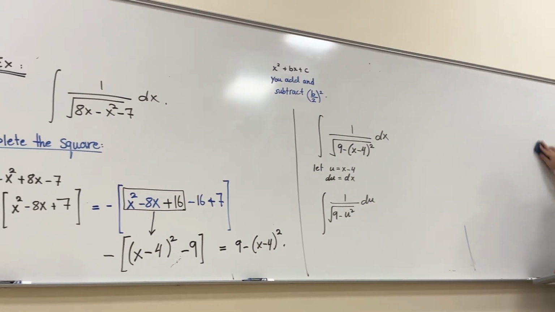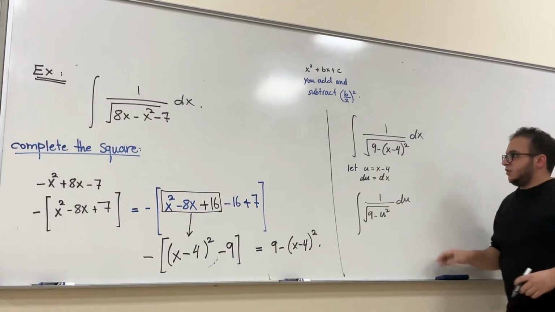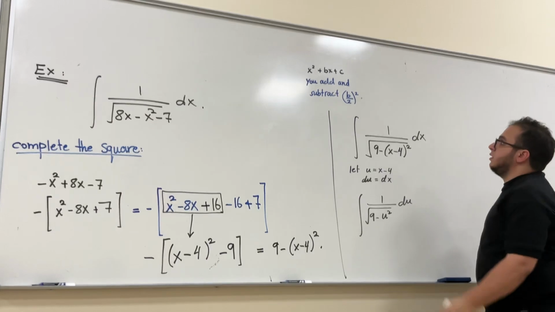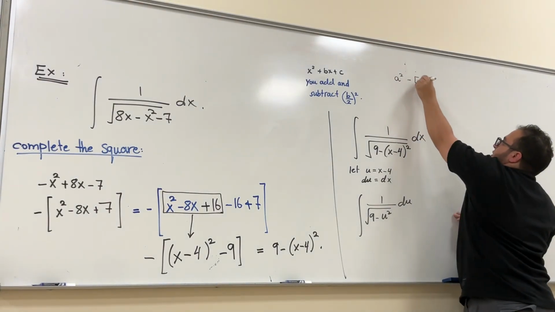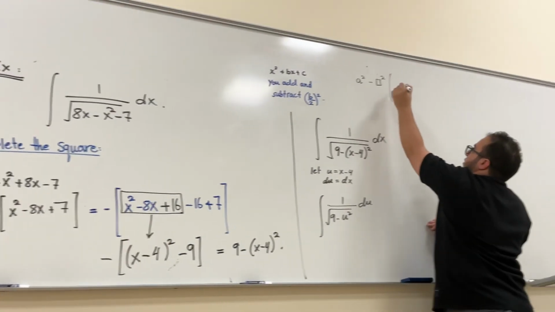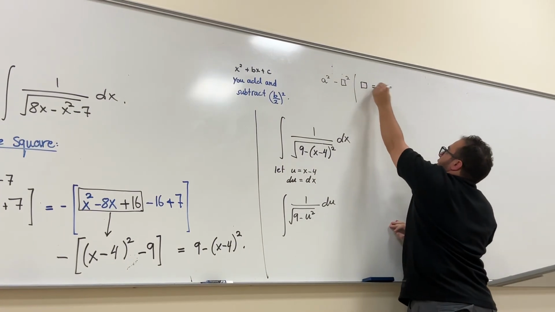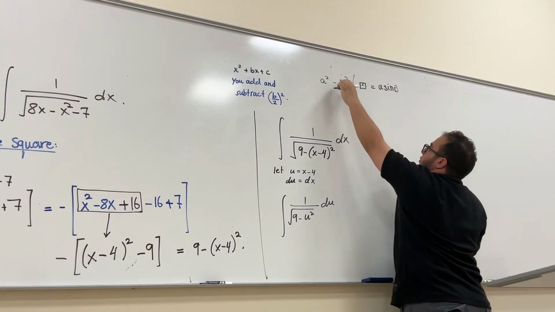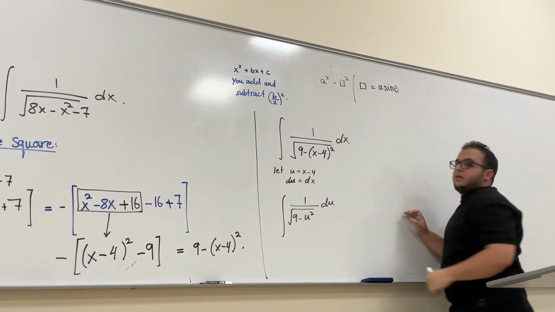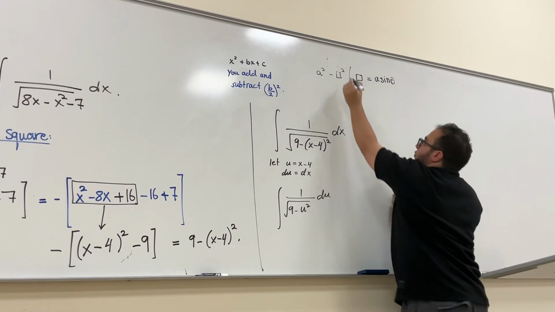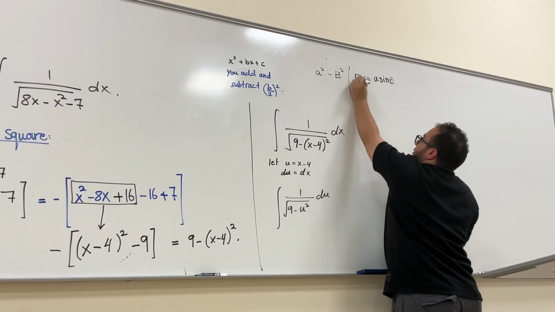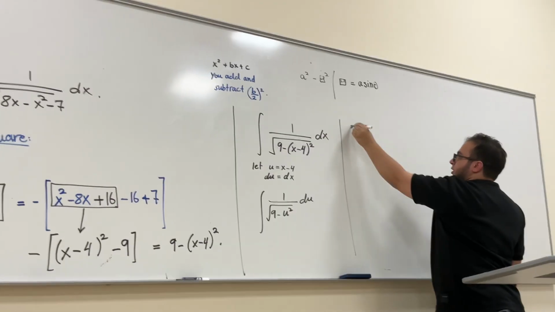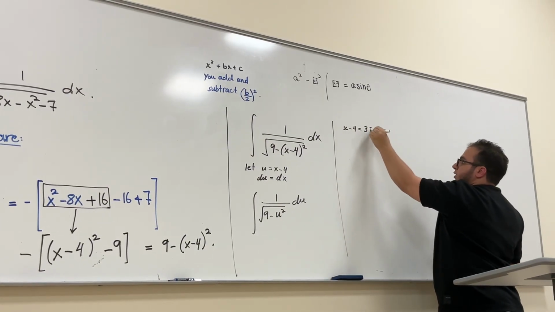You don't have to do the substitution. I'm just trying to show you that this is a squared minus something squared. So like a squared minus anything squared, you do the substitution that thing equals a sine theta. Here we used to put x, but now we can put anything. In this case, it's x minus 4. So I can say x minus 4 equals 3 sine theta.